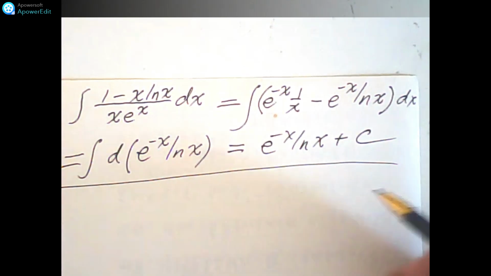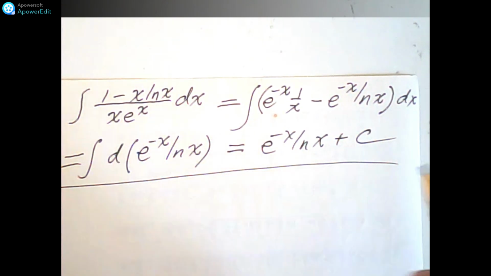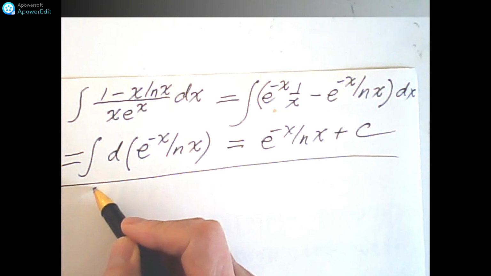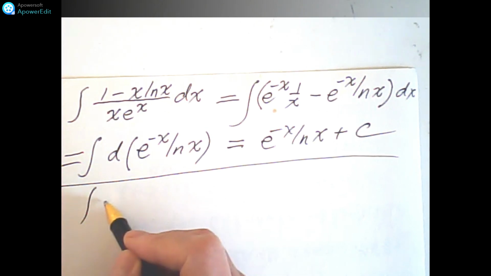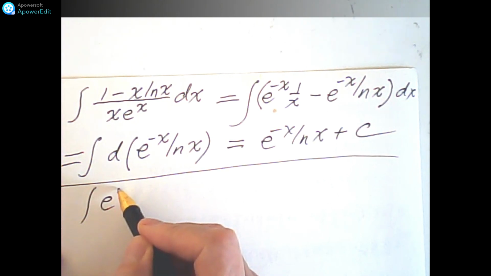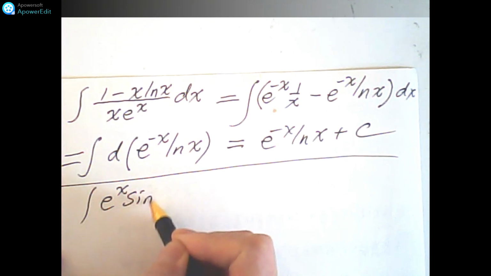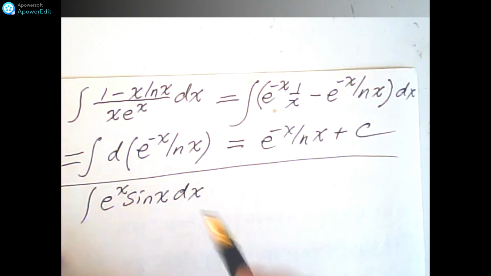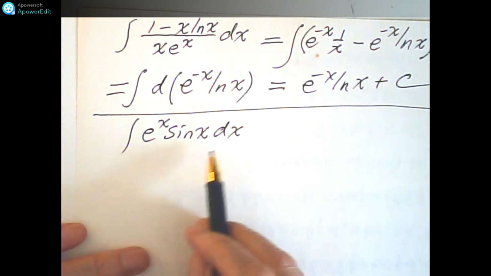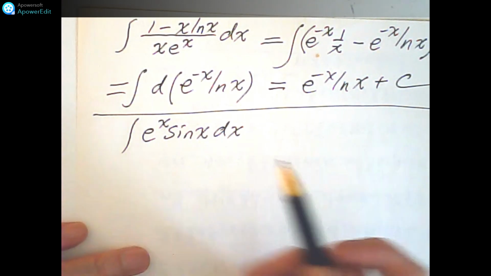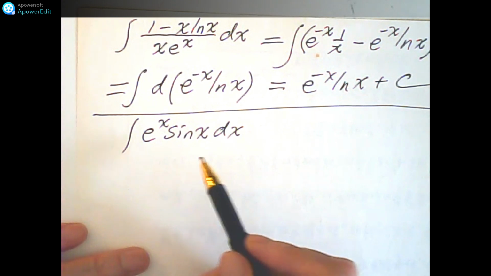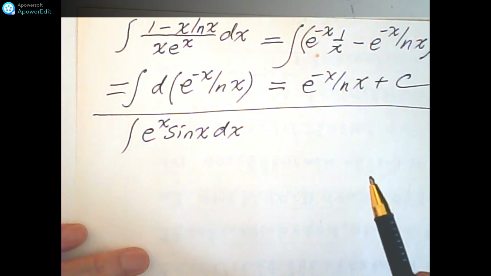Now, this question inspired me. There is another question that has something to do with this kind of integral, e to the x times sine x dx. You must have seen this when you learn the method of integration by parts, right?